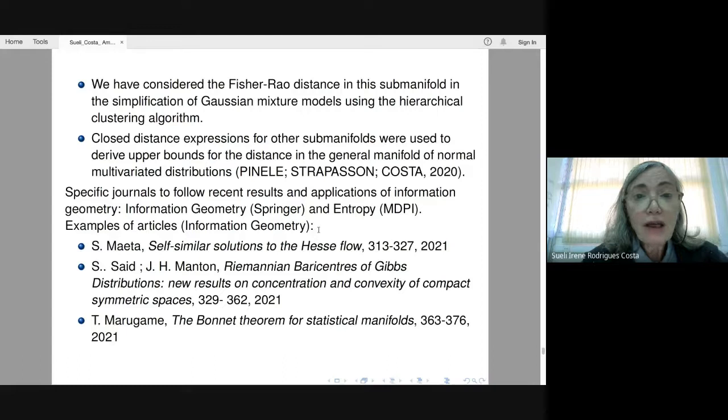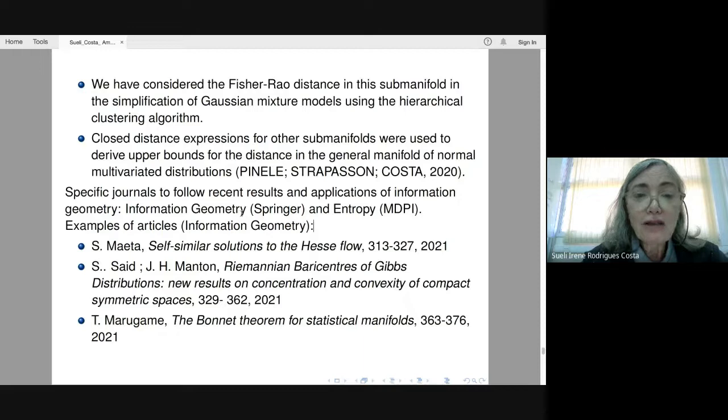Okay. I will comment on some interesting facts to stimulate people to look for problems to solve in this area. There are some specific journals to follow recent results in applications of information geometry.